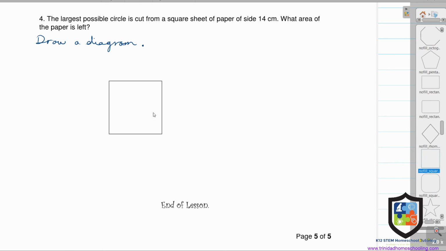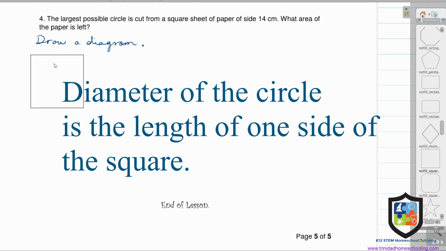Alright, so I'm going to drop this square. I have a square, and they said the largest possible circle. Now, the largest possible circle would be something that could fit inside of this square.